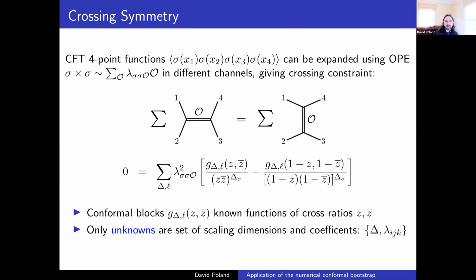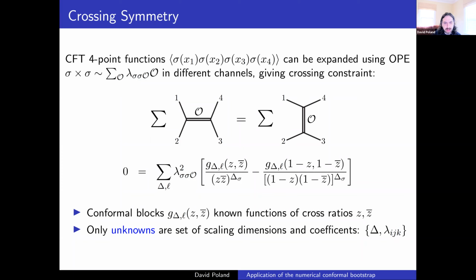So you take a 4-point correlation function, expand it in the operator product expansion in multiple channels, and this gives you some kind of sum rule, which tells you that a sum over conformal blocks in one channel has to equal a sum over conformal blocks in another channel. Of course, the more 4-point functions you consider, the more sum rules you can get, and you can try to take advantage of all of them.